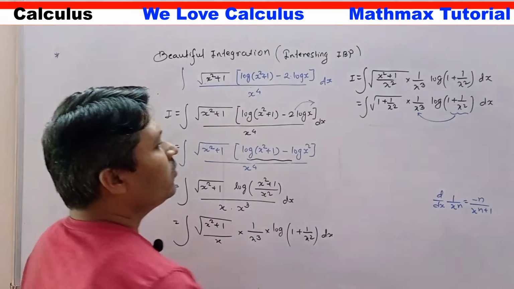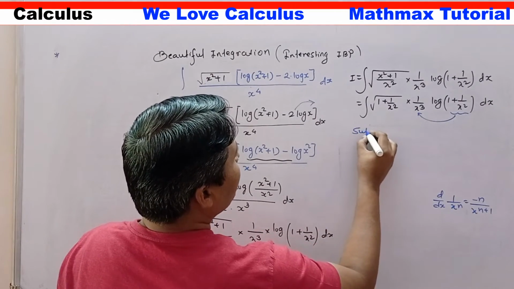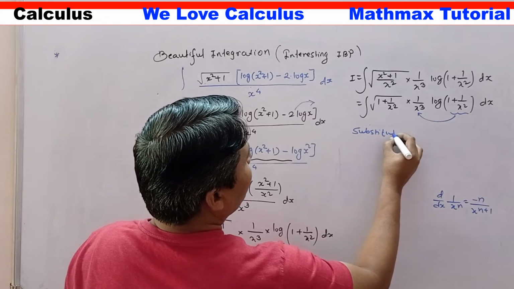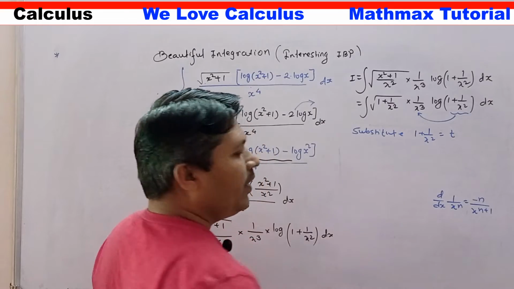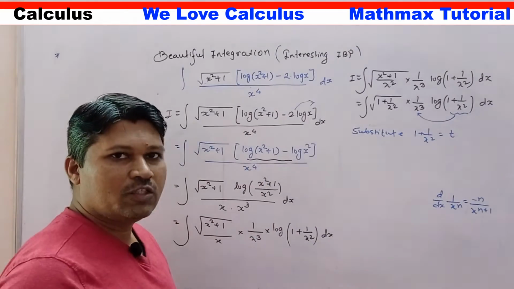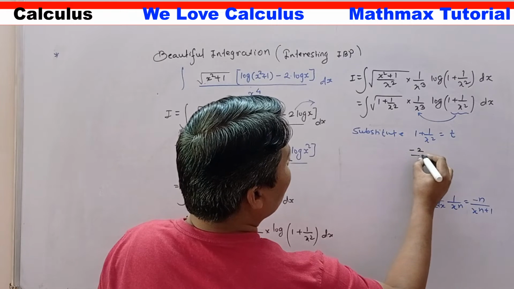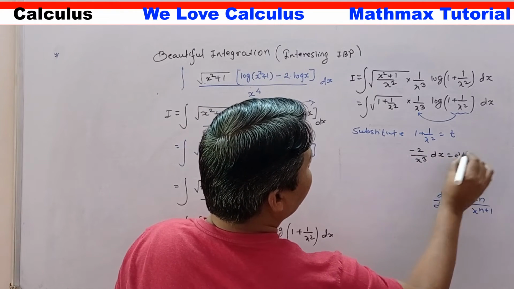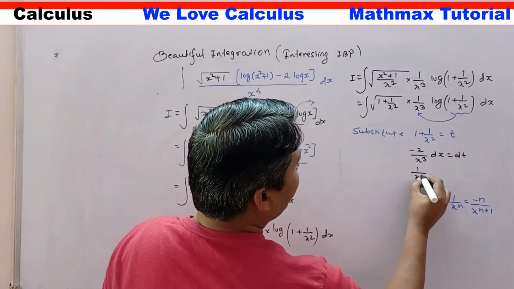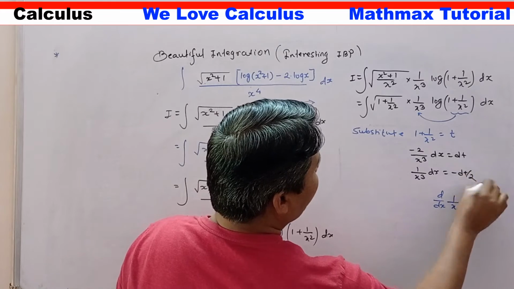Therefore we can use the substitution method. Put 1 plus 1 upon x square equal to t. Differentiating, we get minus 2 upon x cube dx equals dt, so 1 upon x cube dx equals minus dt by 2.